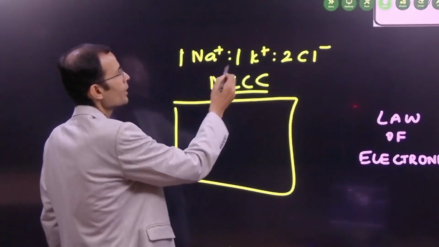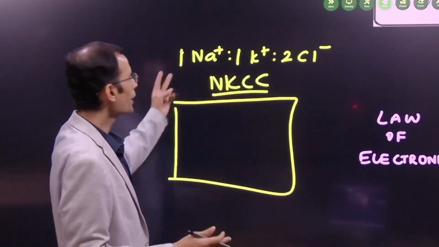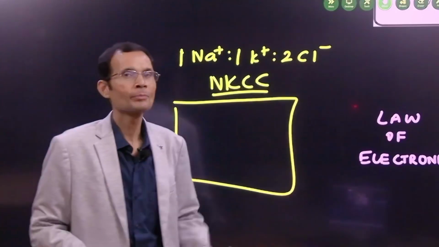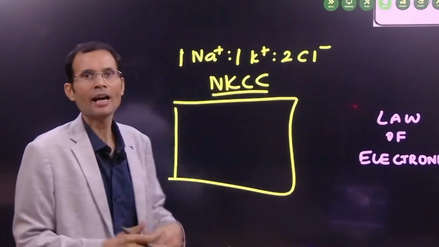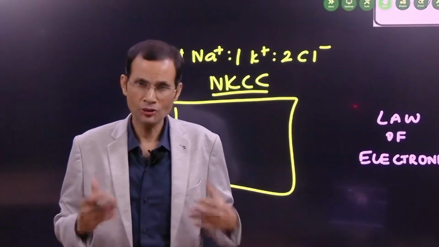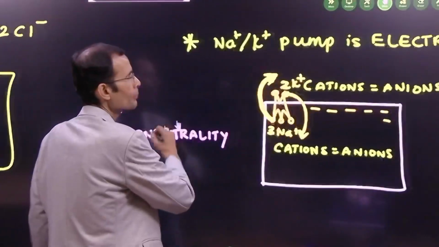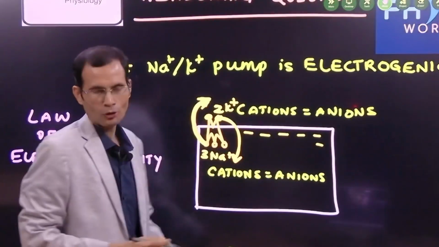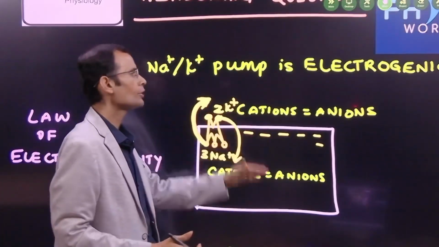It carries 1 sodium, 1 potassium and 2 chloride ions simultaneously. So 2 cations and 2 anions which will not contribute. That means it will not contribute anything additional to the membrane charge, and that's electroneutral. Now what about electrogenic? Sodium potassium pump is electrogenic because obviously it contributes an additional certain charge on the membrane.